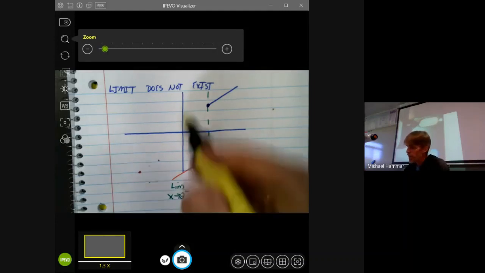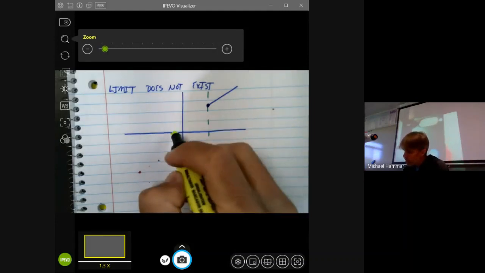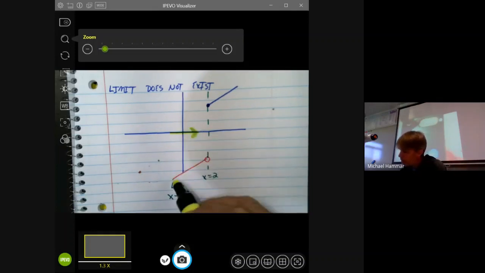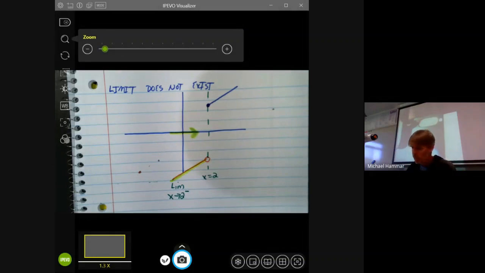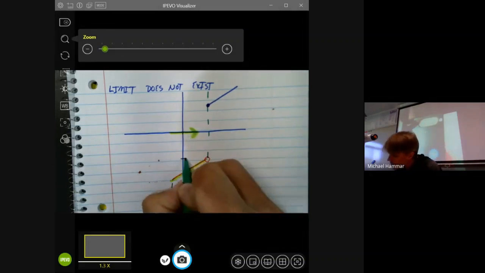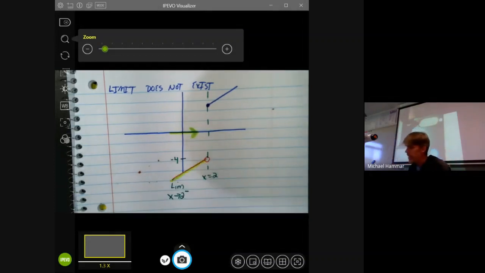As we approach from the left, we're always using x values going this way. So as I approach this function from the left, I do need to put a value in there. You do need to know that this is -4. Okay? So the limit as we approach 2 from the left is -4.